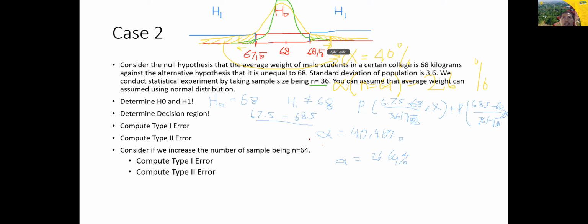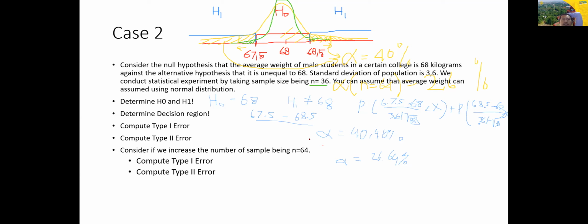So the area inside of this, or another way the area of null hypothesis, is increasing. It means the probability of accepting the null hypothesis is getting larger.